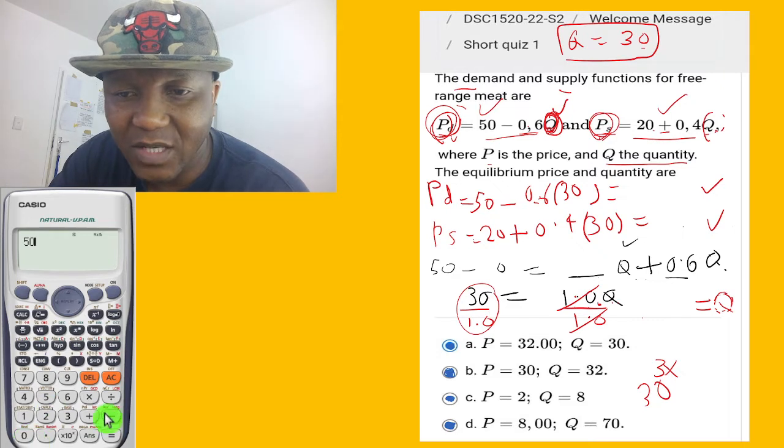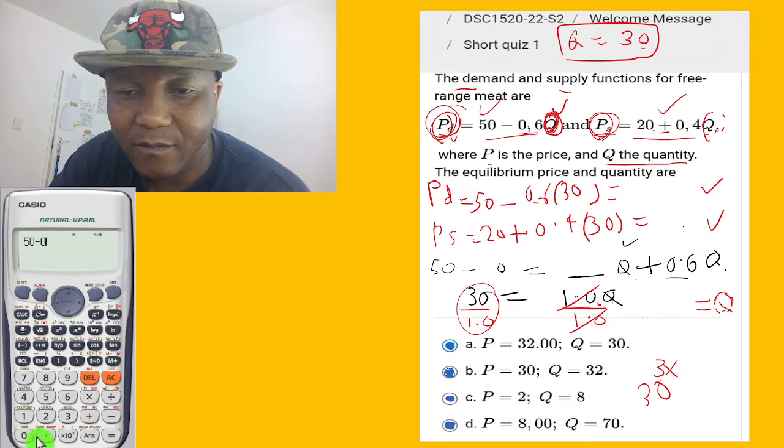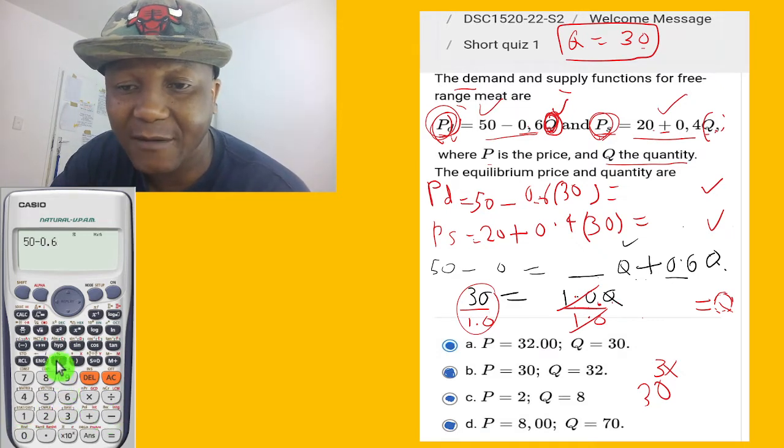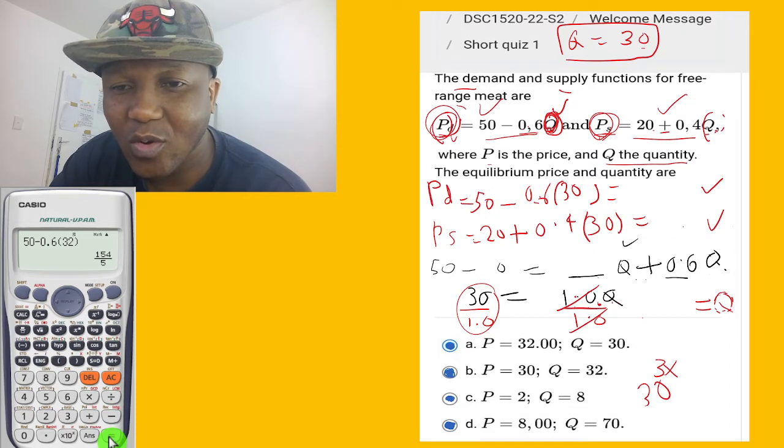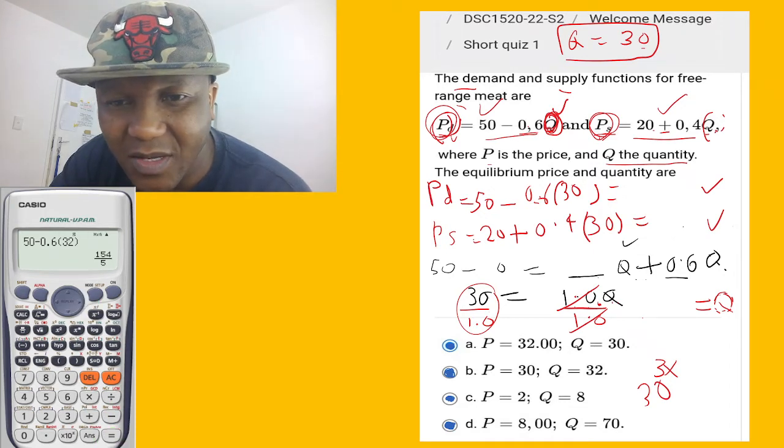50 minus 0.6, because I forgot, to be honest. Bracket, 32. Wait, is it minus or plus? Let me see. 50 minus 0.6 times 30. Yes.